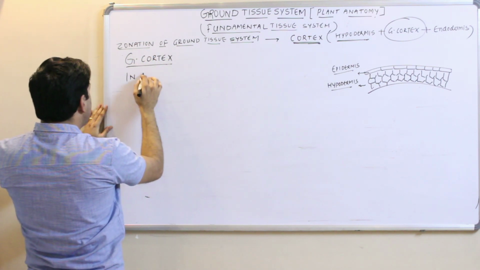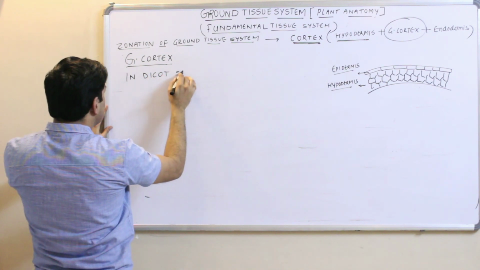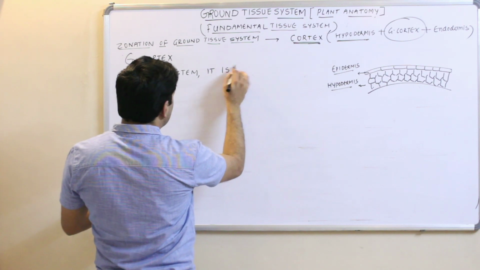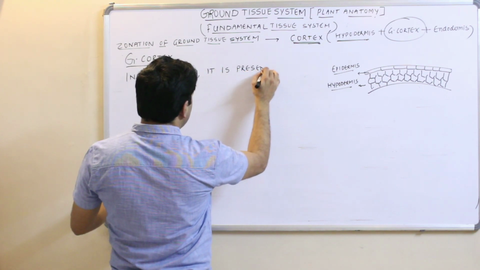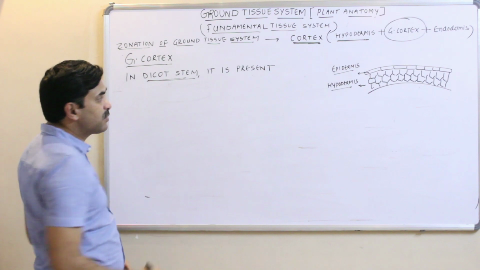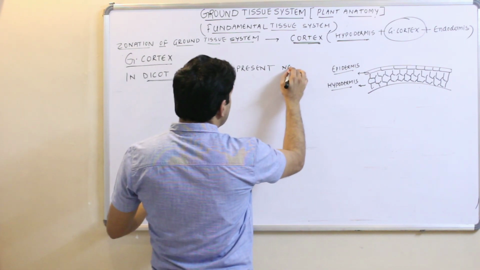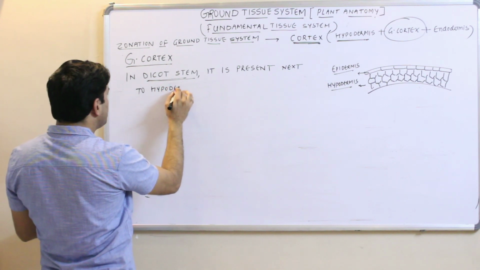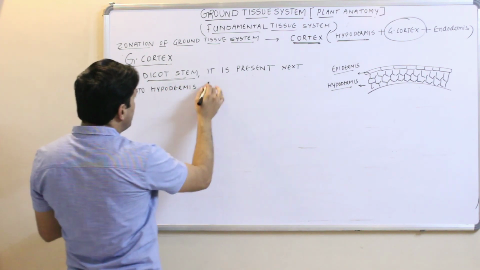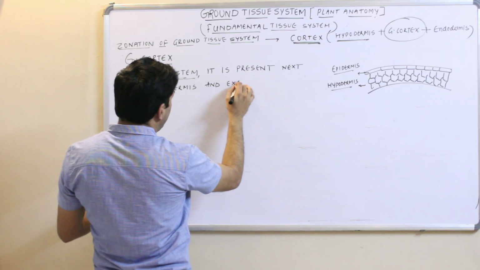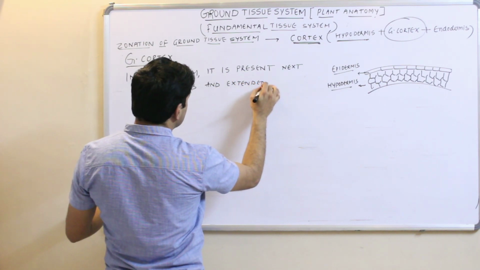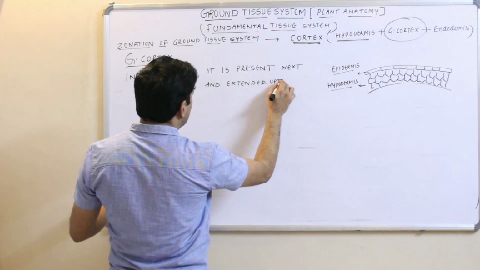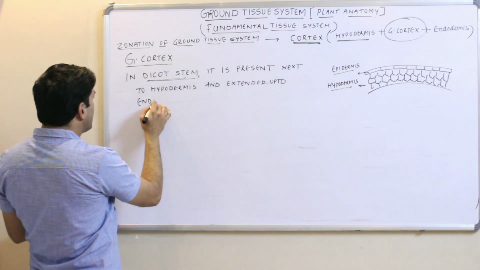In dicot stem, very important, it is present next to the hypodermis and extended up to the endodermis.